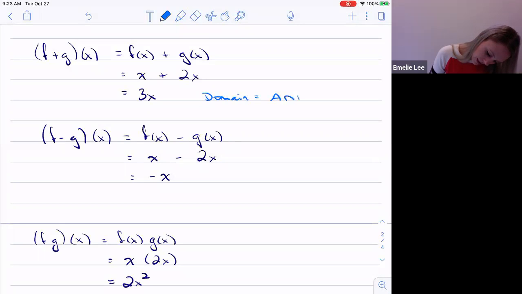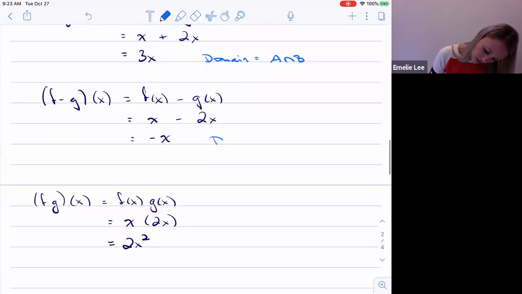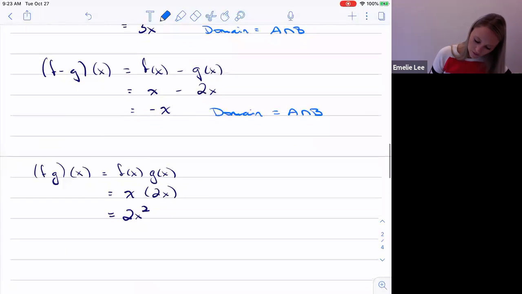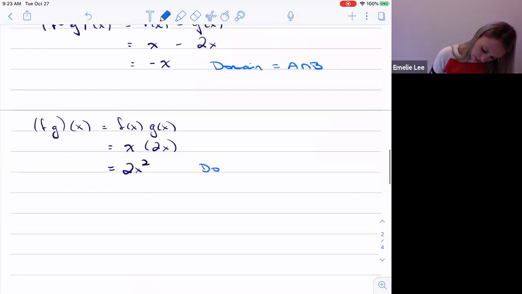Domain is A and B, where I've defined A and B here. And here the domain is A and B.